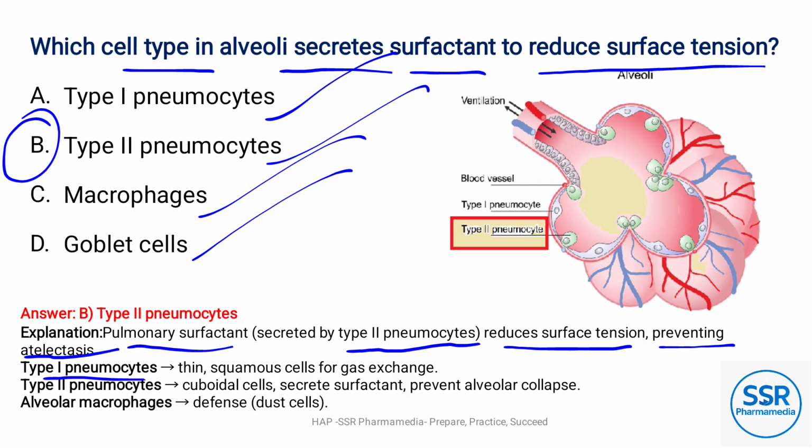Type 1 pneumocytes are thin squamous cells for gas exchange, and type 2 pneumocytes are cuboidal cells that secrete surfactant and prevent alveolar collapse. Alveolar macrophages are for defense, that means dust cells. So this is called type 2 pneumocytes.